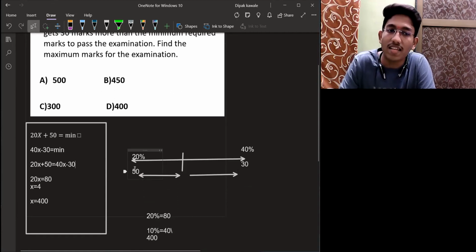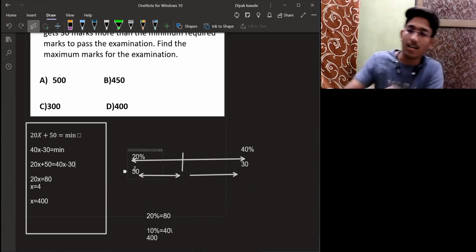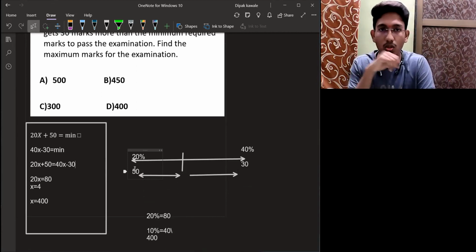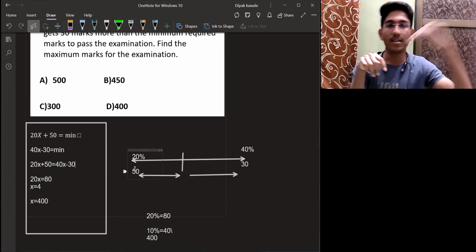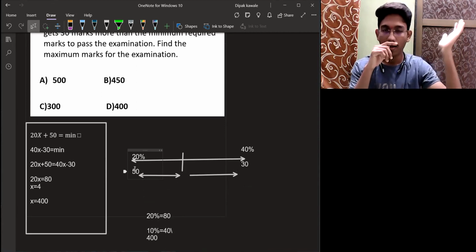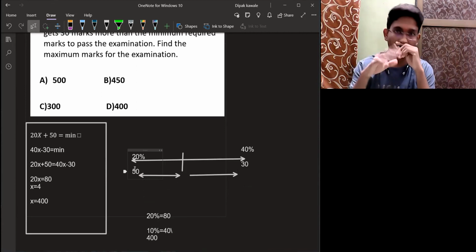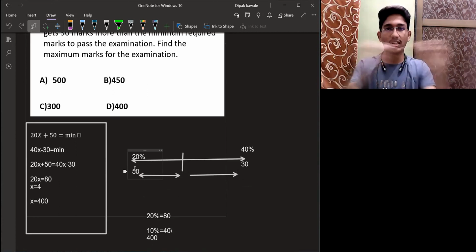Because it is less than the minimum, that is, it is behind by 50. Like consider you are on a road, your school is 50 meters behind you, and your home is 30 meters in front of you, correct? So the total distance will be 80.